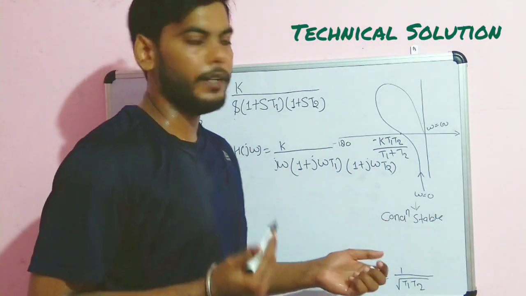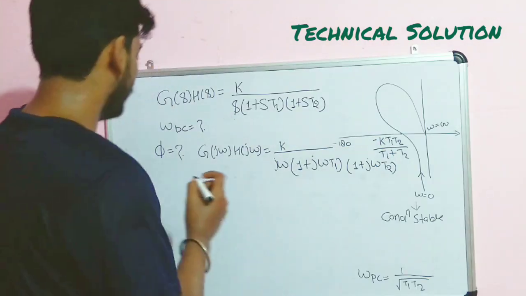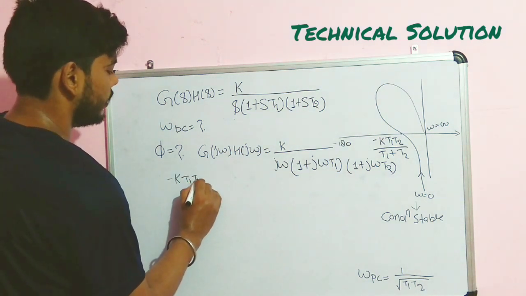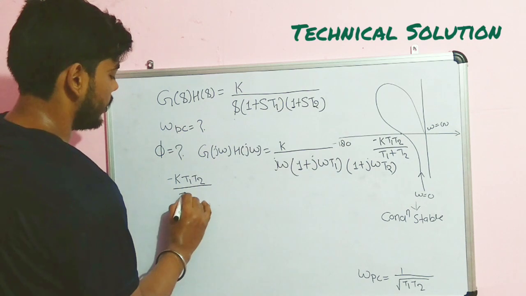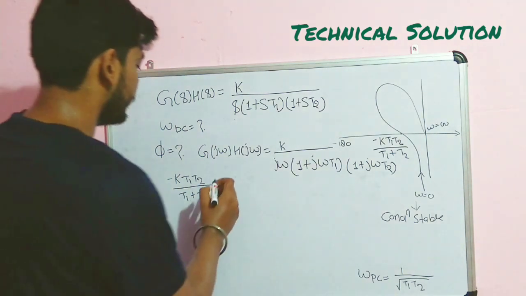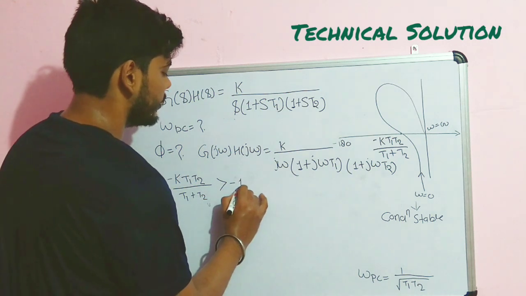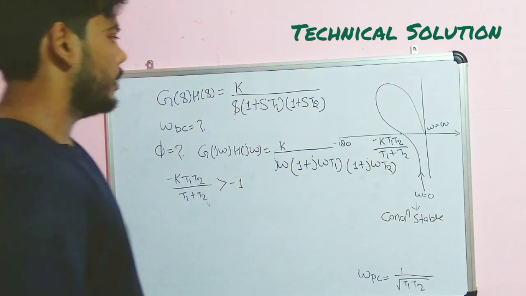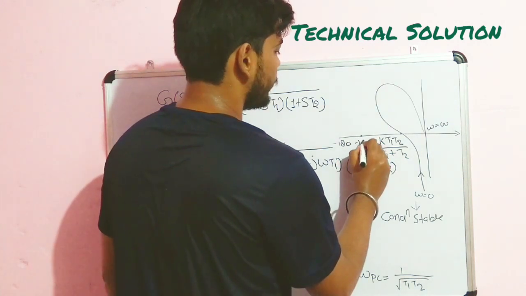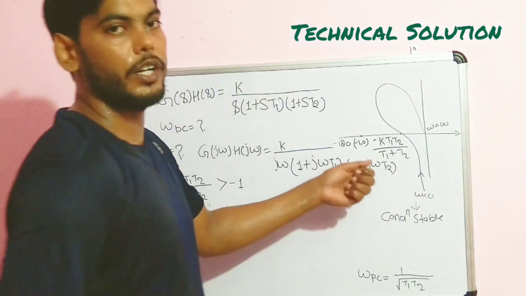For stability, the value of minus k t1 t2 upon t1 plus t2 is greater than minus 1. Suppose the reference point is present here at minus 1, 0.